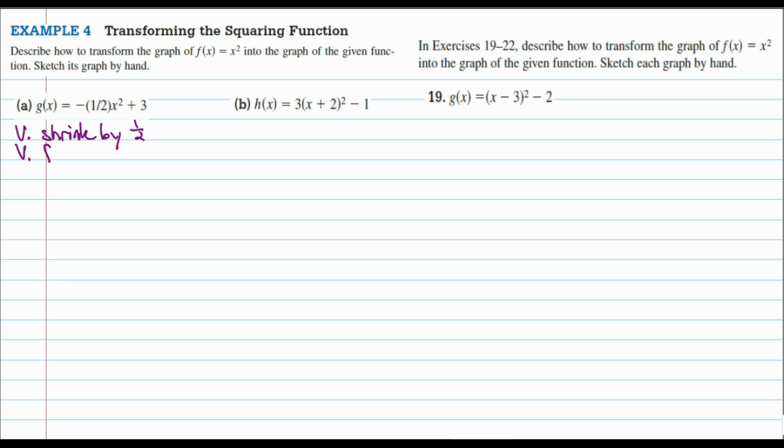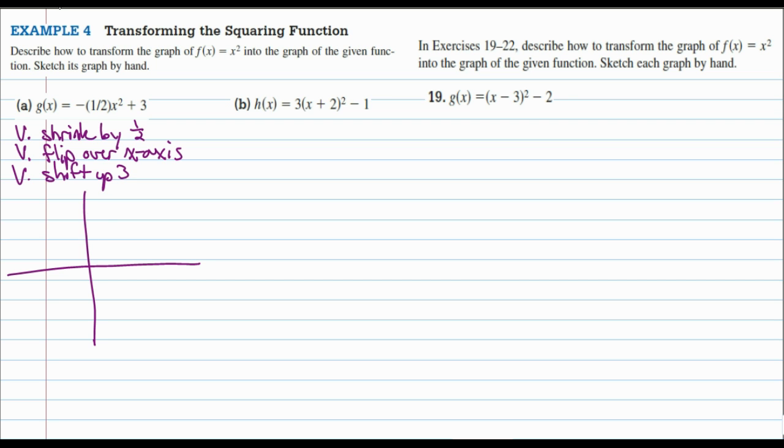Then we have a vertical flip over the x-axis. Remember, if we flip over the x-axis, we're flipping from top to bottom, which would make that a vertical change. And then we have another vertical shift up 3.